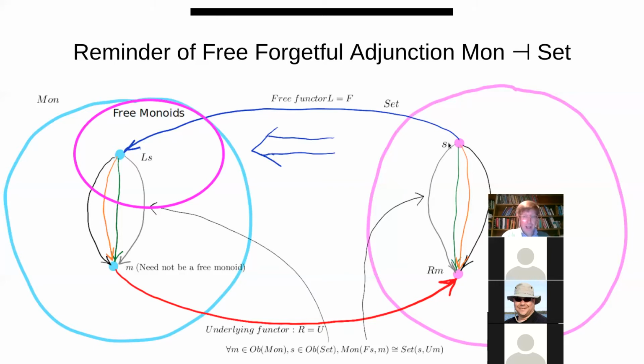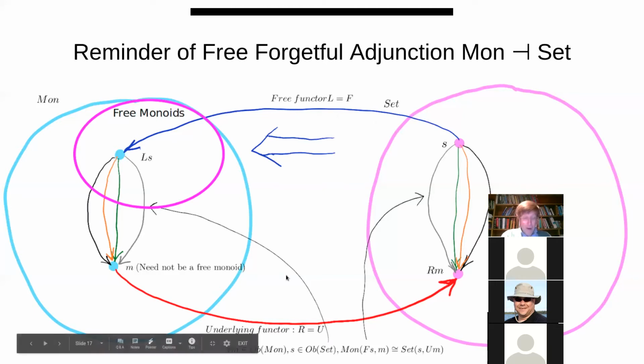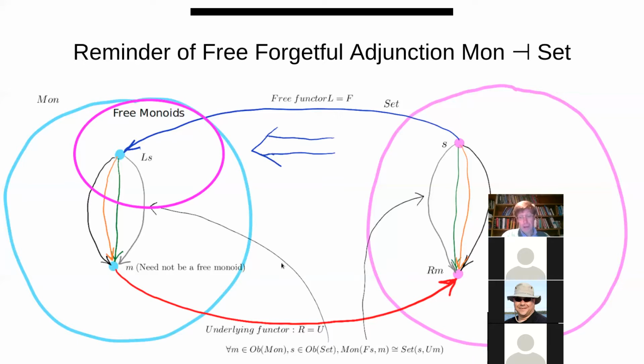The adjoint going to the left, mapping from the set to the monoid here, LS, is the free functor. So it maps any old set to a free monoid based on that set, and we'll see what that is. But the other functor is the underlying functor. It takes any old monoid M you've picked, and it extracts the set which is part of that monoid.